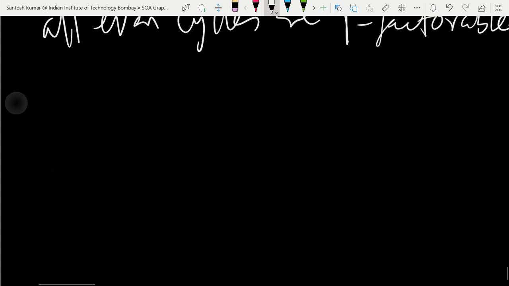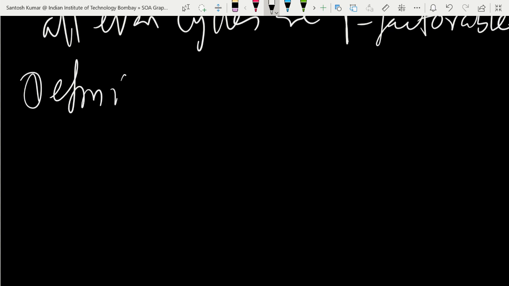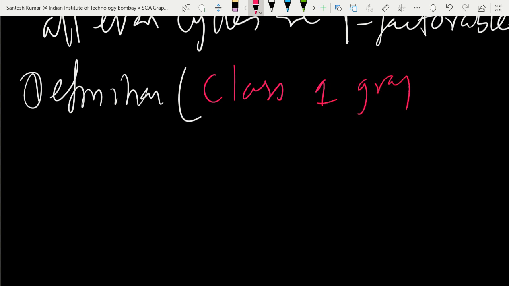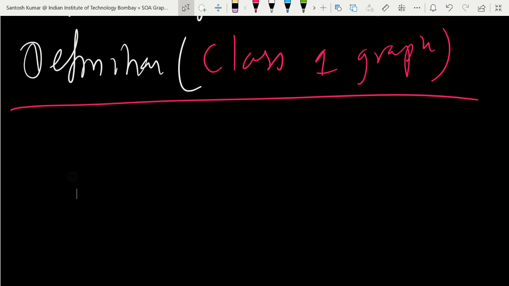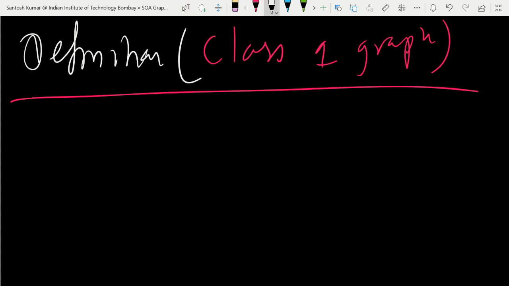So next we have a definition for class 1 graph. What is a class 1 graph?